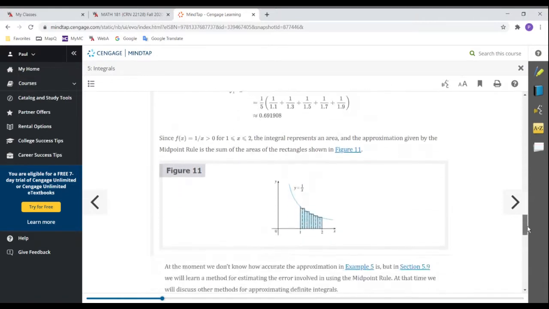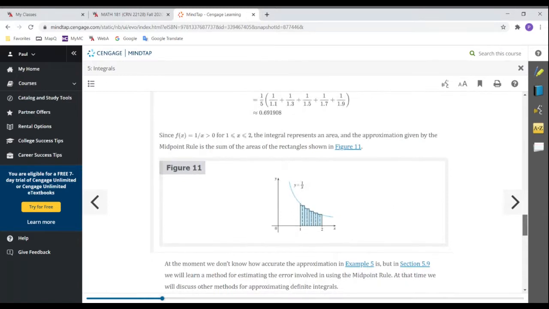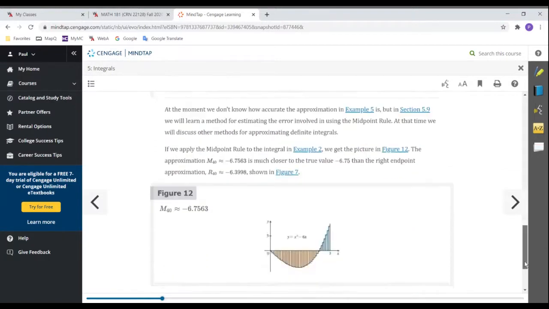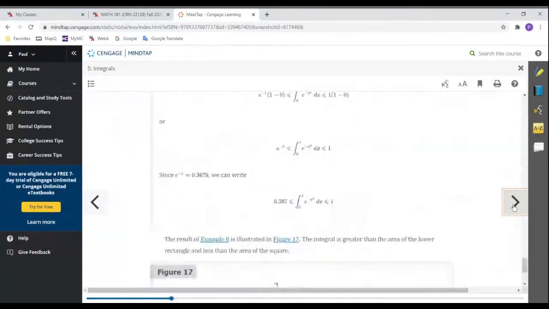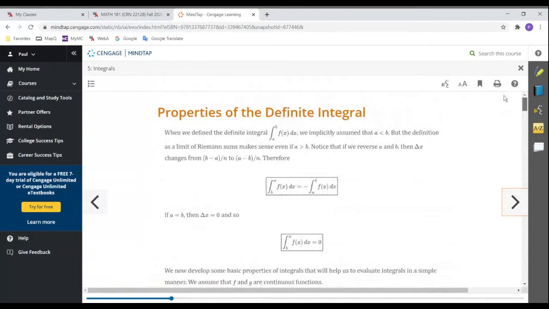I think you can manage example 5 just fine. I'm not going to worry about that because we've already talked about this kind of approach. But I want to move on into some properties of the definite integral.